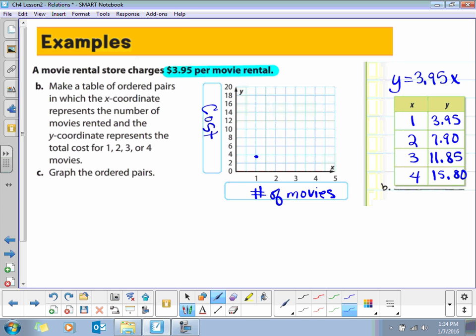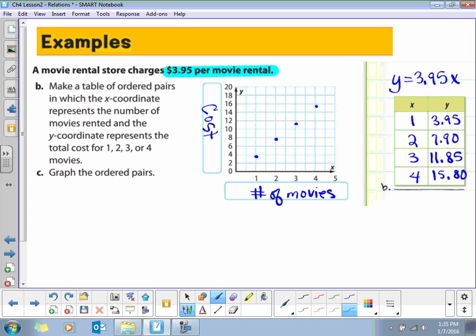Okay? 2 comma $7.90, that's almost 8, so I'll put it right about there. 3 comma $11.85, so 3, and there's 12, $11.85 is about right there. And then 4 comma $15.80, again that's almost 16, not quite 16. And there's your graph.